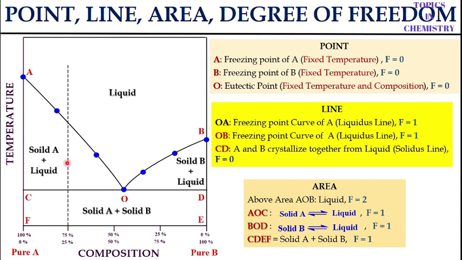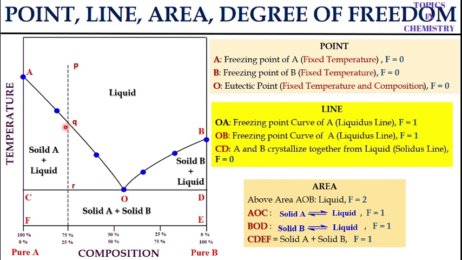So you have considered here a line where the amount of A is greater. Suppose you start your journey from that point, the P point. If you gradually decrease the temperature, the line will cut the liquidus curve at Q point, and this line will cut the solidus curve at R point. At the Q point, solid A starts separating from the liquid, and you can see through this line the composition of A gradually decreases.